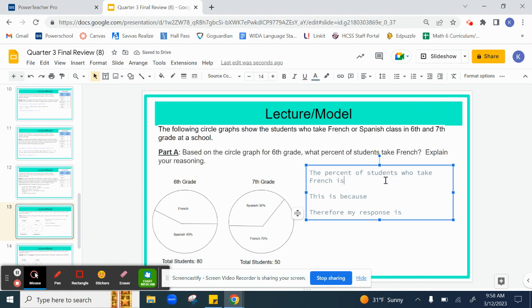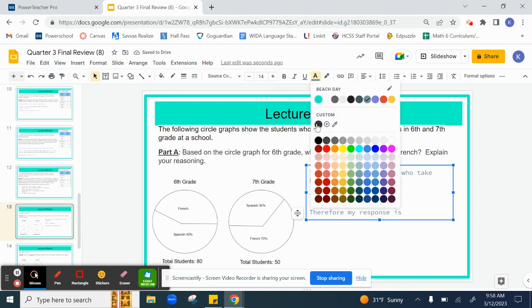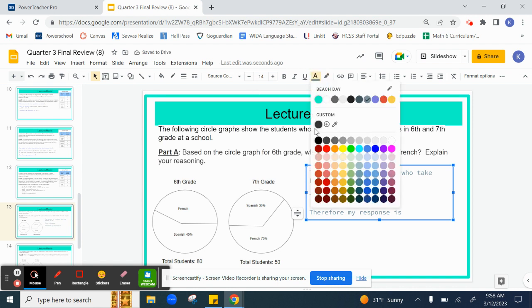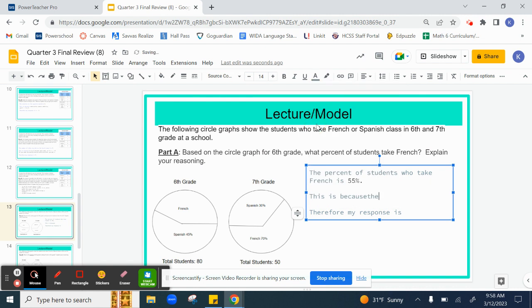Okay. I know that the entire circle would make up 100% because 100% is one whole. If 45% speak Spanish, that means that 55% would speak French. All right, so let's put that into a this is because statement. The whole circle is 100%.